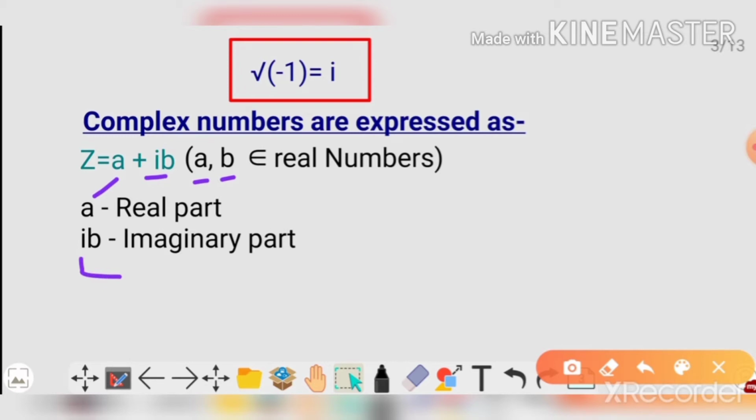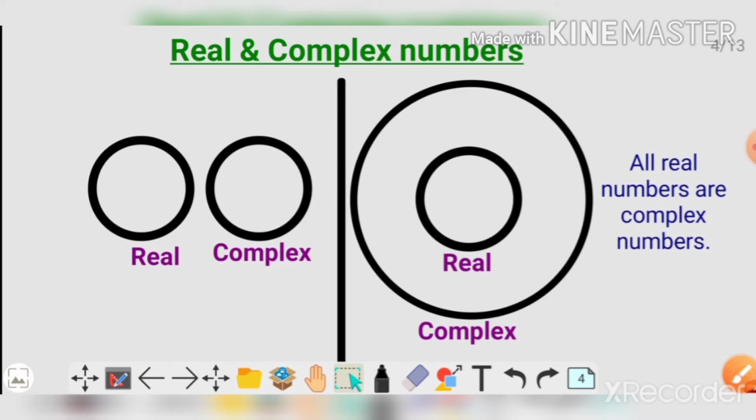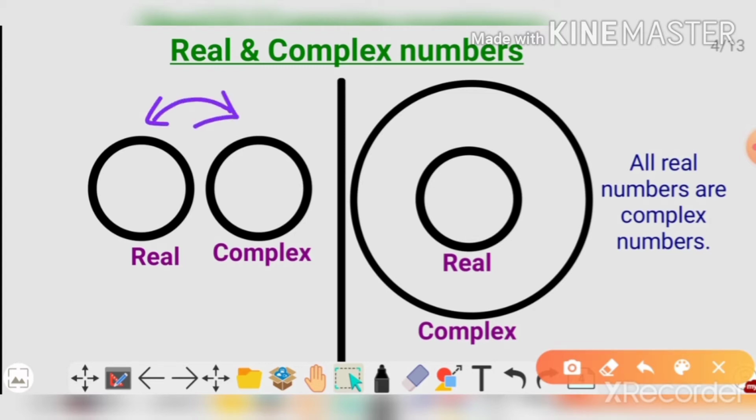Okay. Now let's move to the difference between real and complex numbers. Some students think that real and complex numbers are totally two different things. That means if I write 2, then 2 is a real number, but 2 is not a complex number. But this concept is absolutely wrong. Why?